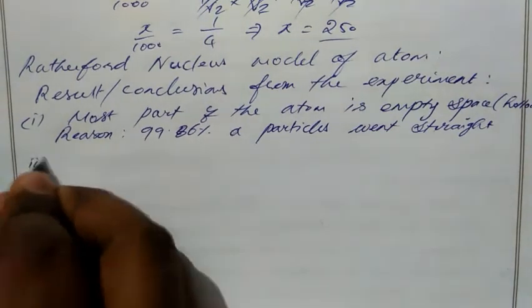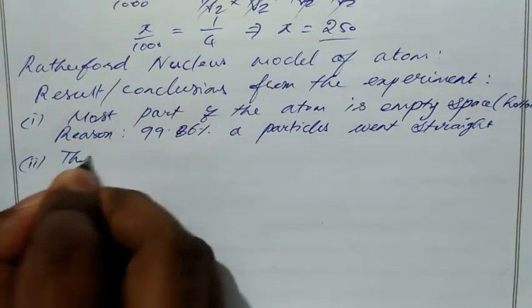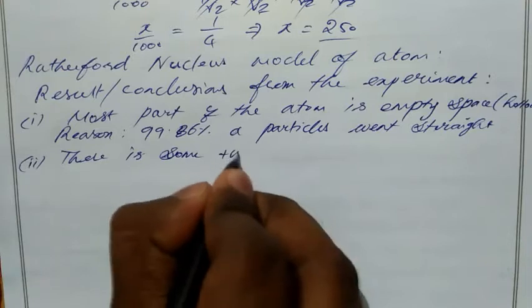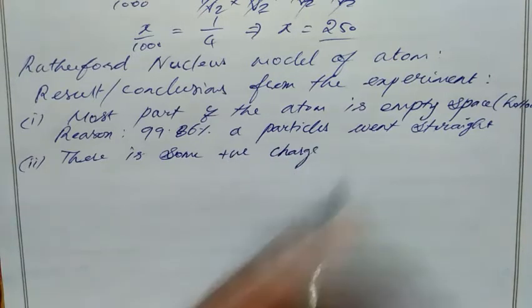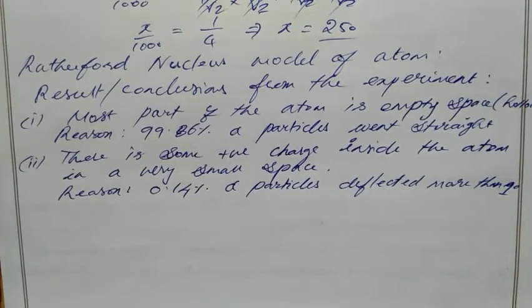Then second conclusion, there is some positive charge inside the atom in a very small space. So how did we say this?